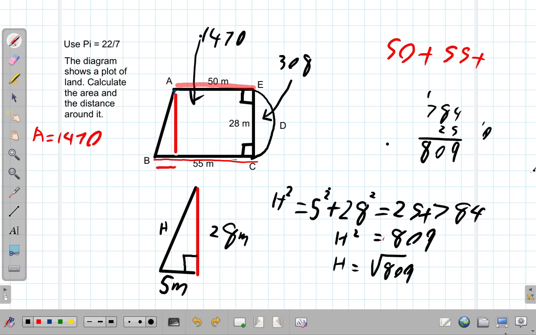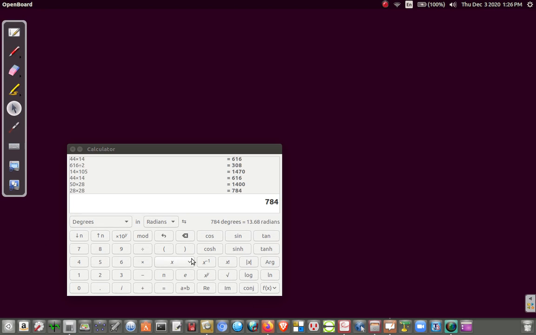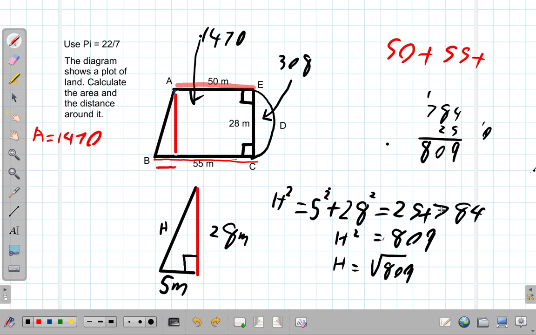So we have the square root of 809. Let me clear the calculator. The square root of 809 is equal to 28.443, rounding off. So it's 28.443. That's this way, the AB.